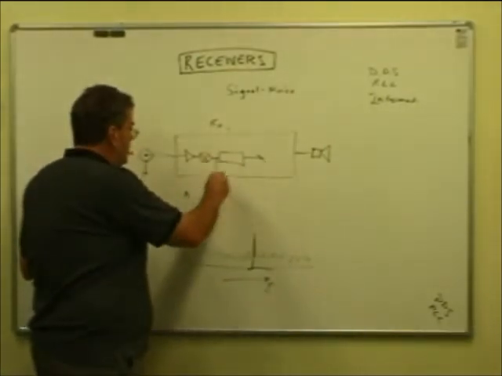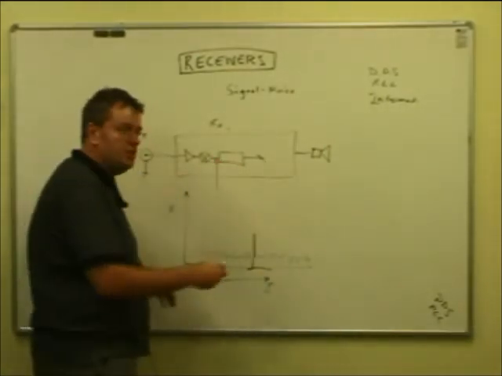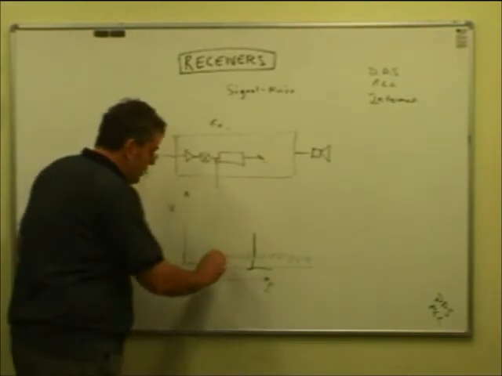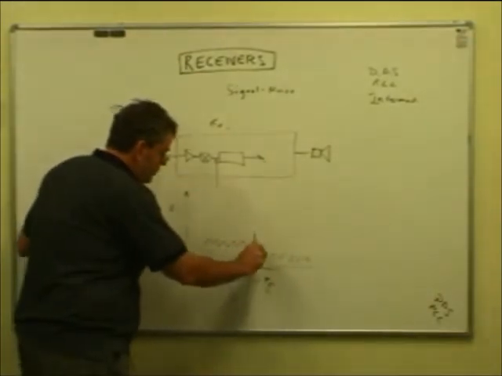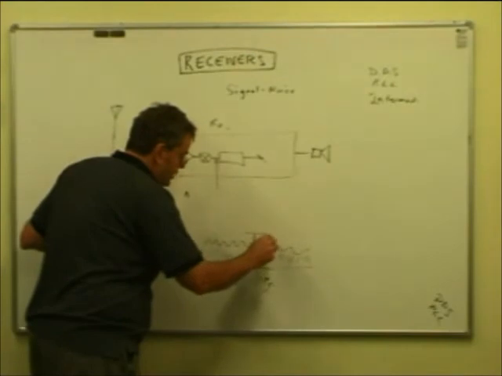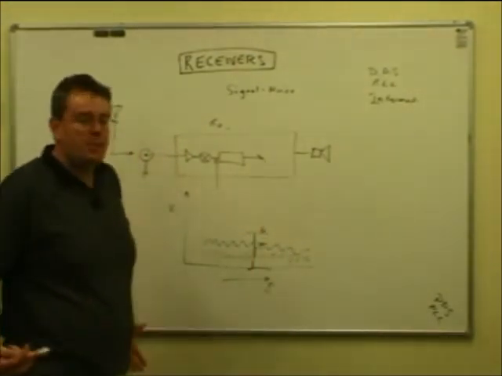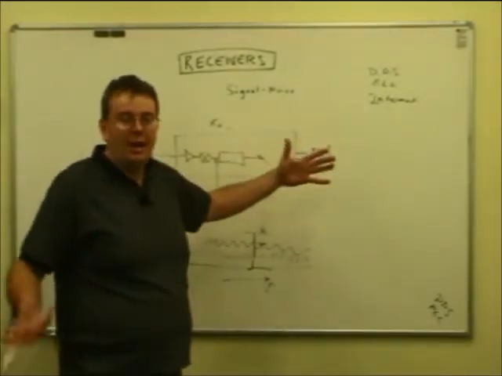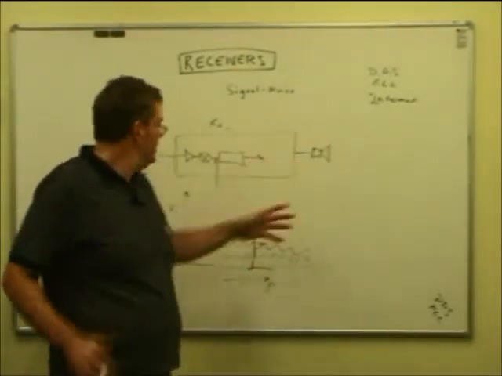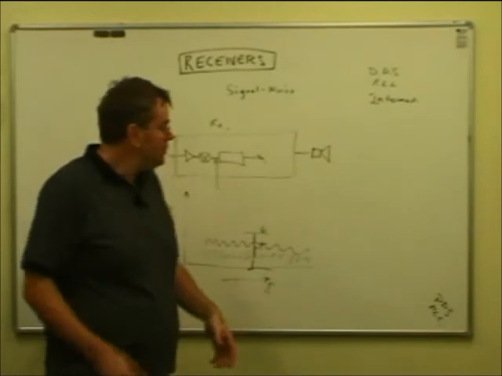So if we look at this point here, here's our wanted signal. It would have been shifted to some other frequency, the IF, but the noise has now come up. The gap between the signal and the noise is lessened. Now, if it's a very strong signal, that doesn't matter, because it's such a big difference anyway. If you make that worse by a bit, then you won't hear the difference.